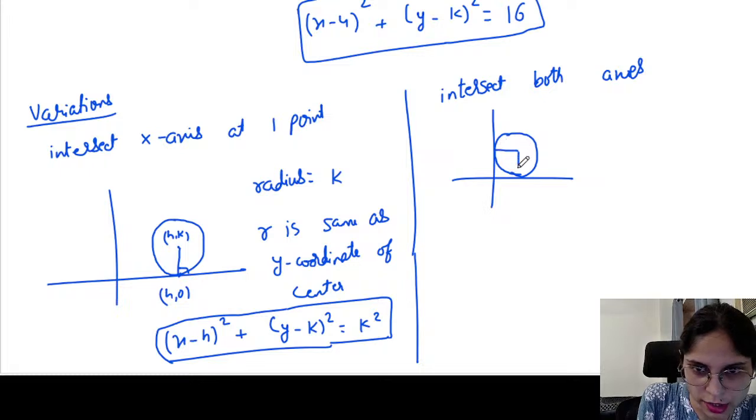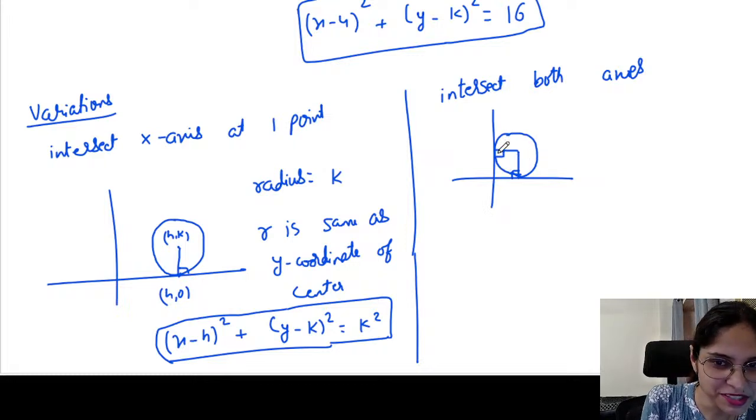Now this is also a tangent, this is also a tangent. Now this is also the radius, this is also the radius. So over here what will happen, this is a square, if you will see.